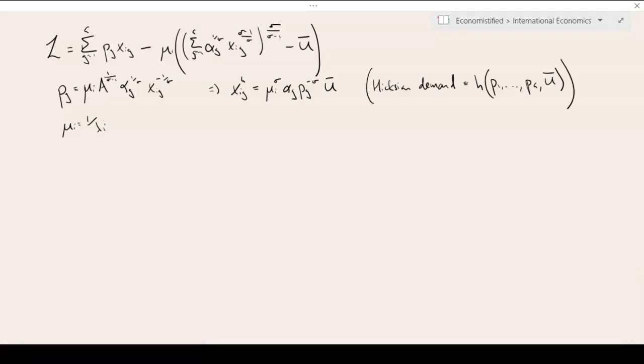So they are inverses. And if you are able to do this correctly, you'll find that the Hicksian demand is given by the following equation.